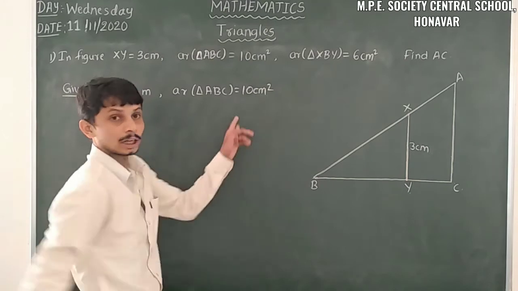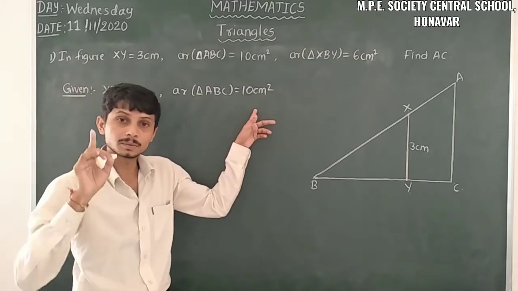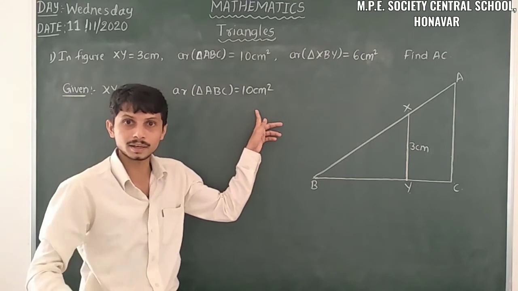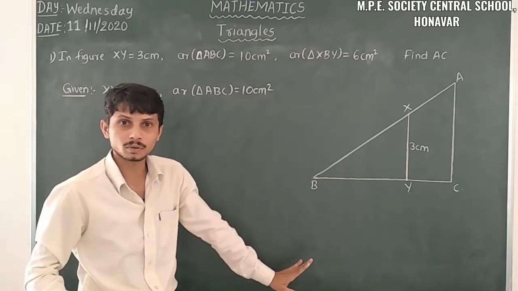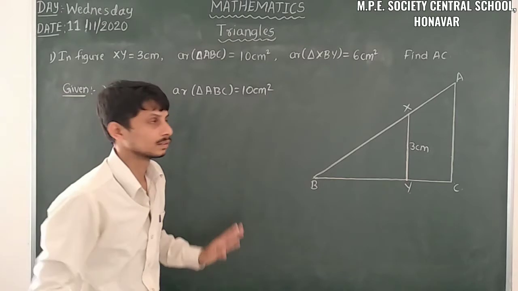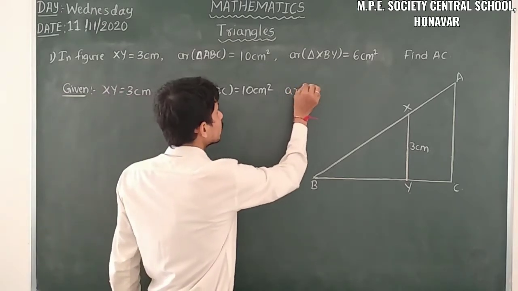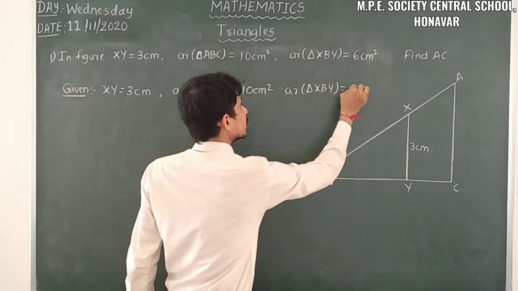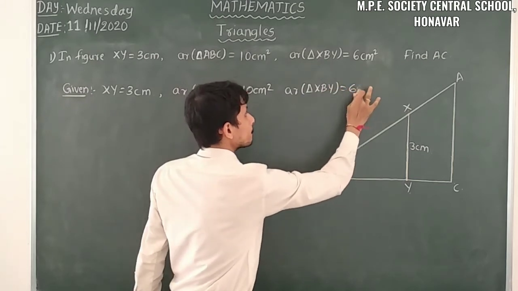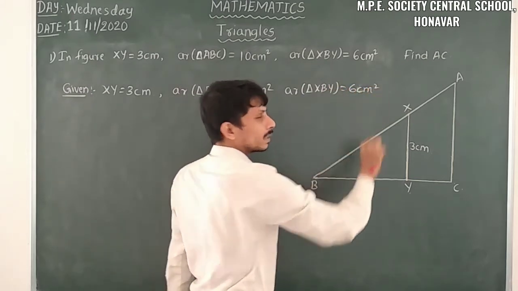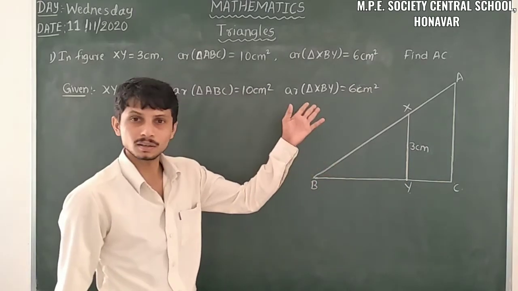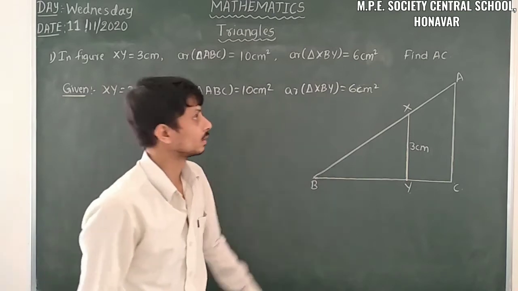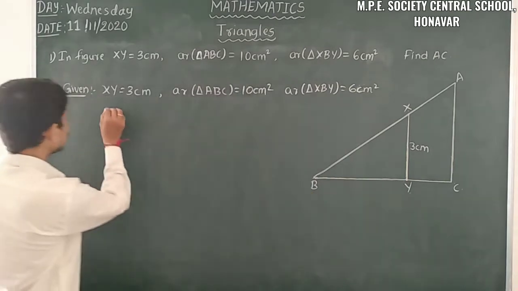It is area, so when you write the area of a triangle, you have to write centimeter square. Keep it in mind. Then area of triangle XBY is equal to 6 cm square. We are measuring in centimeters, so that's why it's centimeter square. Then we have to find the value of AC.